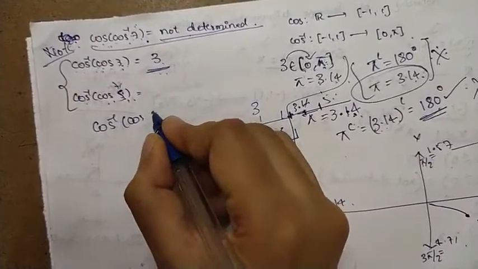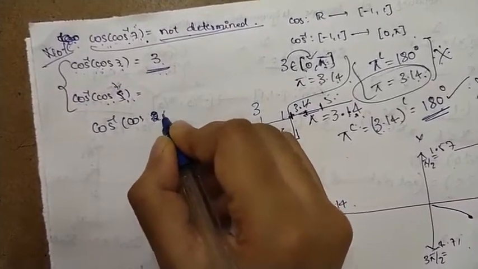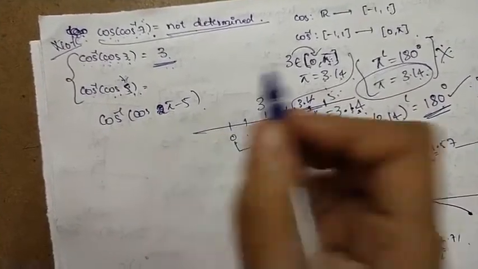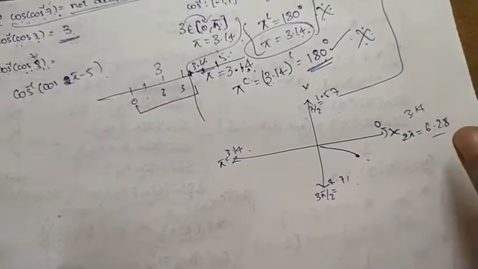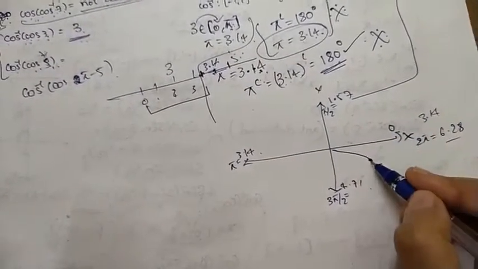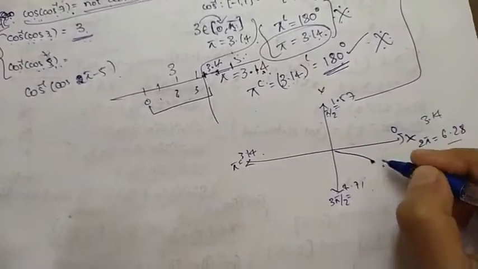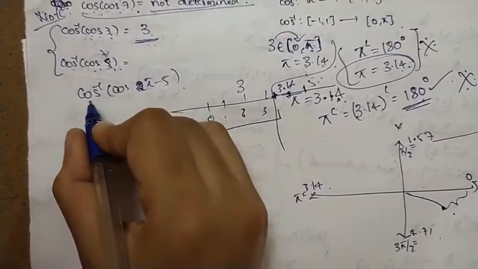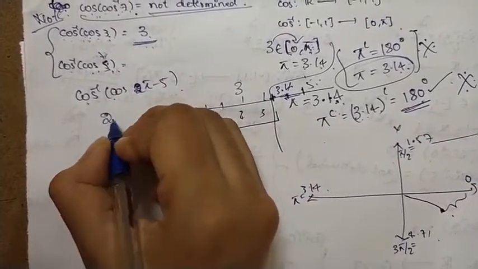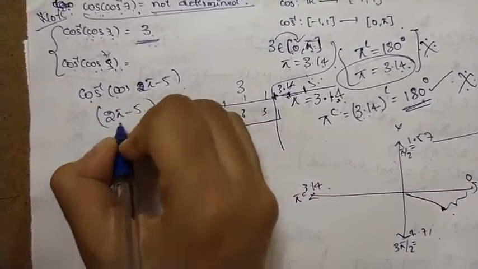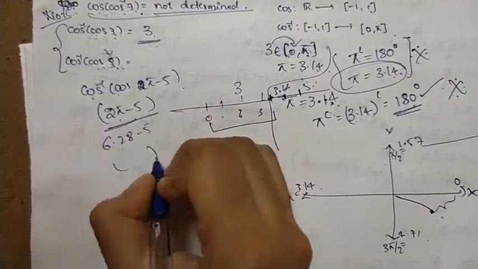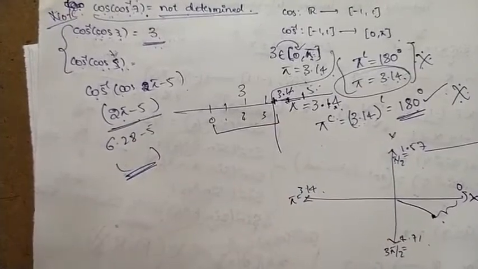So 2 pi minus 5 means from 6.28 we take away 5 and get the remaining part. So our final answer for cos inverse of cos 5 is nothing but 2 pi minus 5, that is 6.28 minus 5. That is the final answer we are going to get.